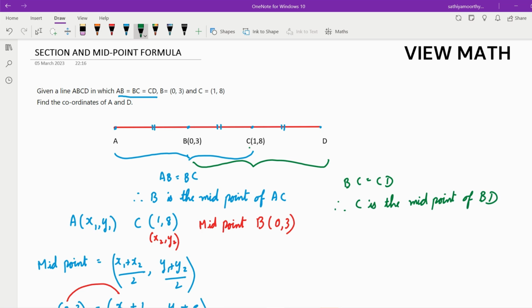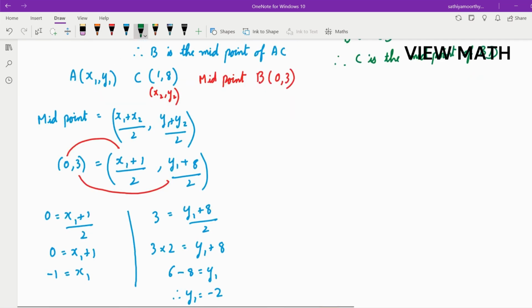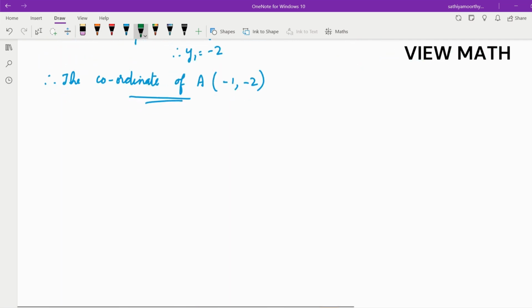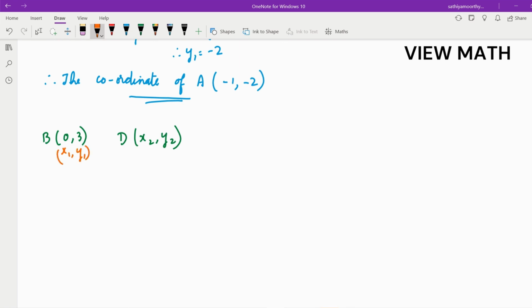So with the midpoint formula I'm going to find out. I'm going to take here the B coordinate and C coordinate. B coordinate is (0, 3) and the D coordinate I need to find out, which is x2, y2. Now here this is my x1, y1. Next, the C coordinate, the midpoint C.